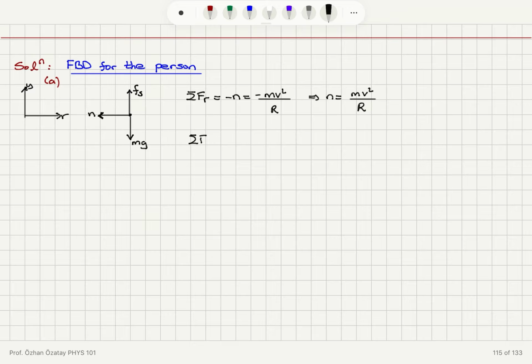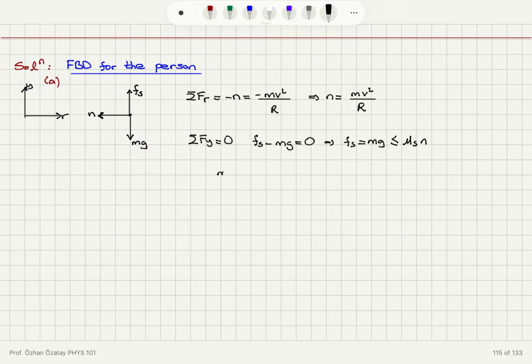The net force on the y-axis must be equal to 0 because the person is not sliding up or down. Then the static friction Fs minus mg must be equal to 0. The static friction is equal to mg, which must be less or equal to mu s times the normal force.